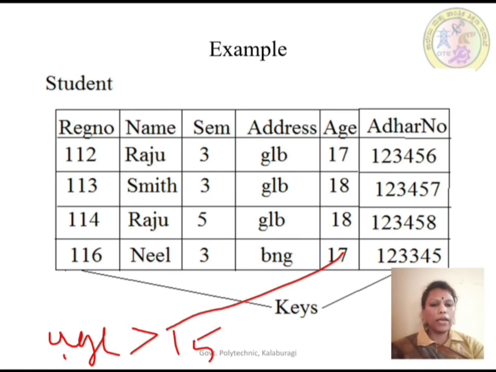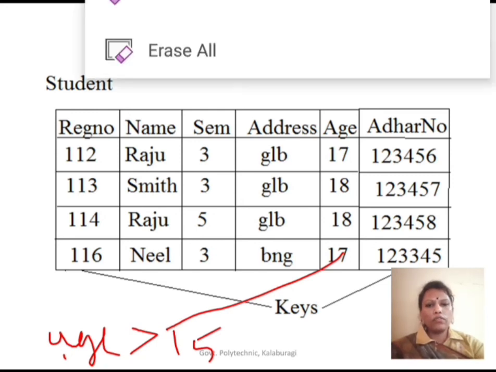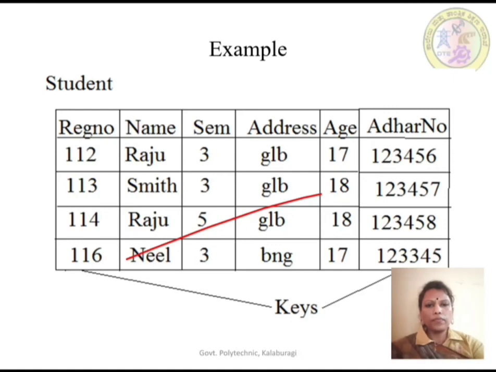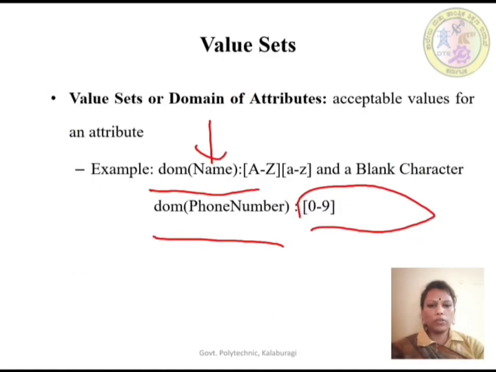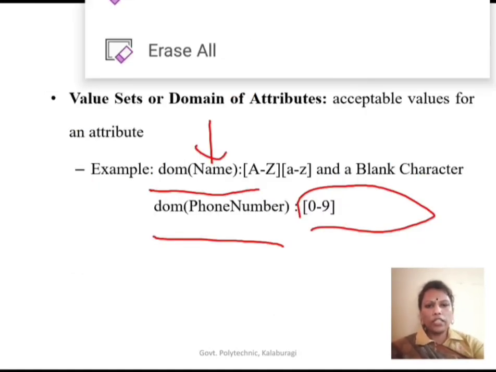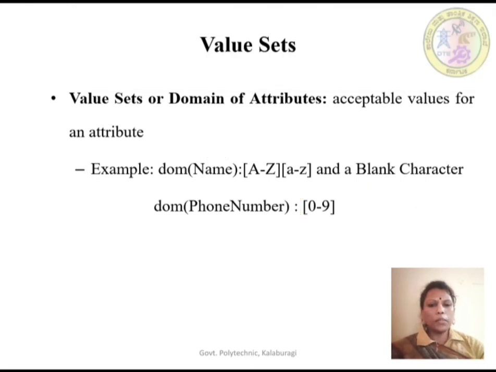So here we can restrict the domain. If there is any maximum limit, then we can mention that maximum limit, and if there is a minimum limit, we can also mention it. So in this domain of attributes, we need to mention what are all the acceptable values for an attribute.